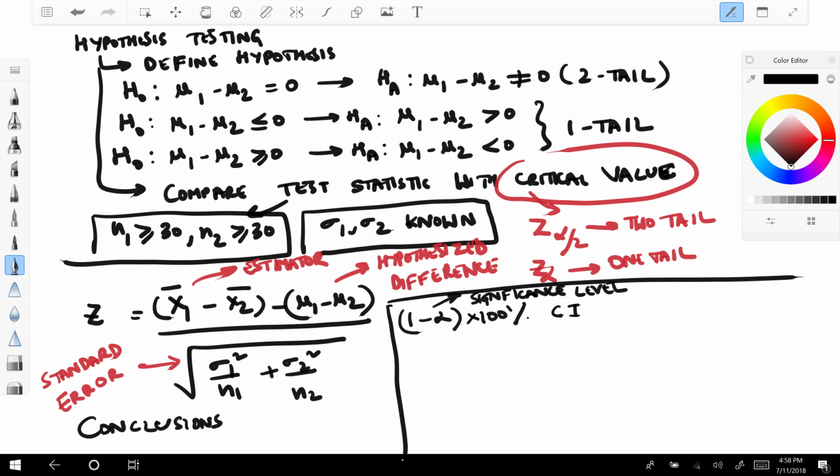So the formula for this would be x1 bar minus x2 bar plus or minus z alpha over 2 times square root of sigma 1 square by n1 plus sigma 2 square by n2.